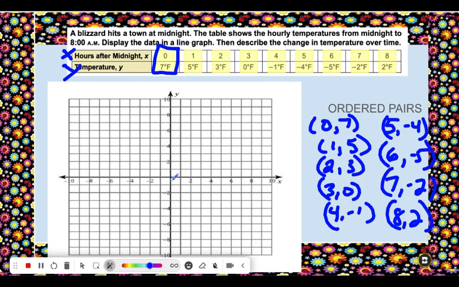So (0, 7), we don't go anywhere right or left. We go up to 7. Okay, it says display the data in a line graph.